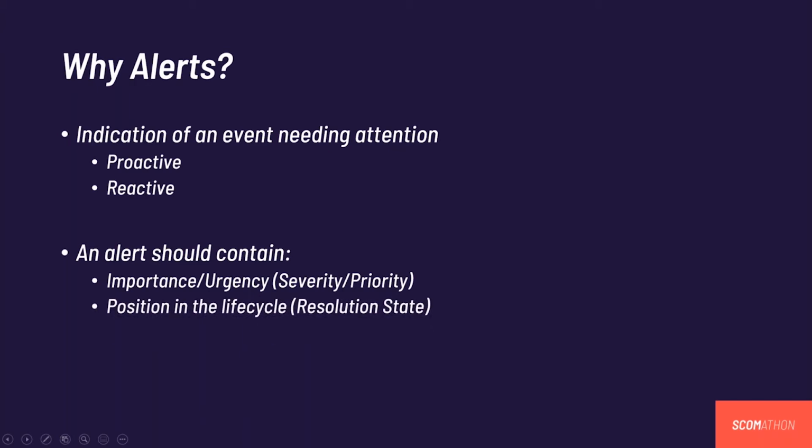Then next up, you've also got resolution states, right? So where in the alert lifecycle that alert currently is. So the most common ones are like new state or open alerts or acknowledged alerts or pending alerts, closed alerts, and so on.